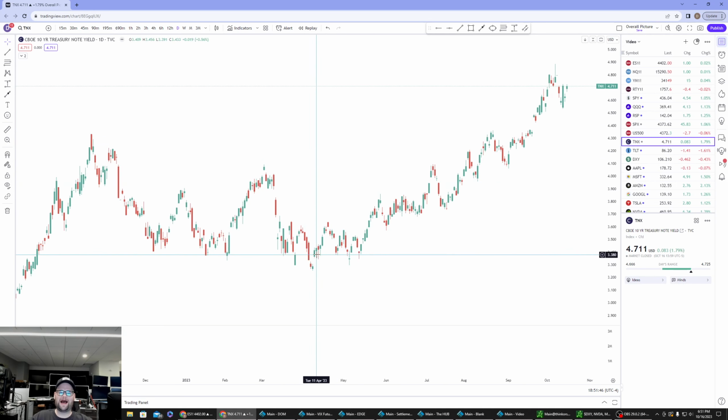So the higher yields go, right? This is the 10-year Treasury note yield. The higher this moves, the more pressure will be put on the S&P, okay? The higher this thing moves implies that inflation is staying higher for longer, okay?